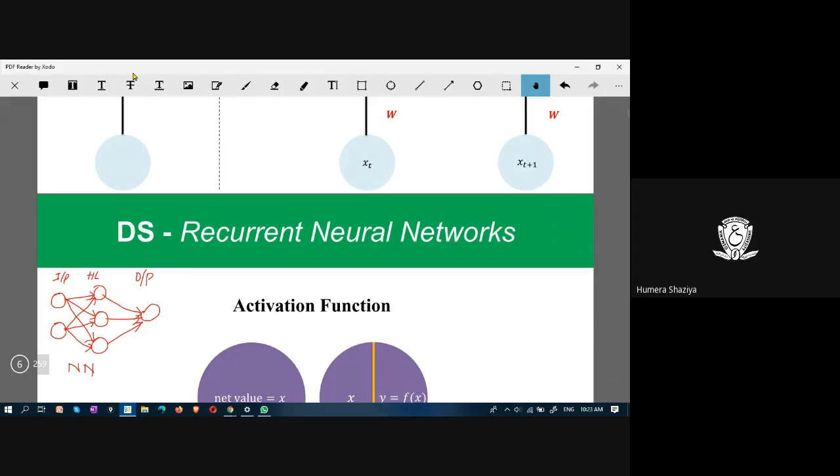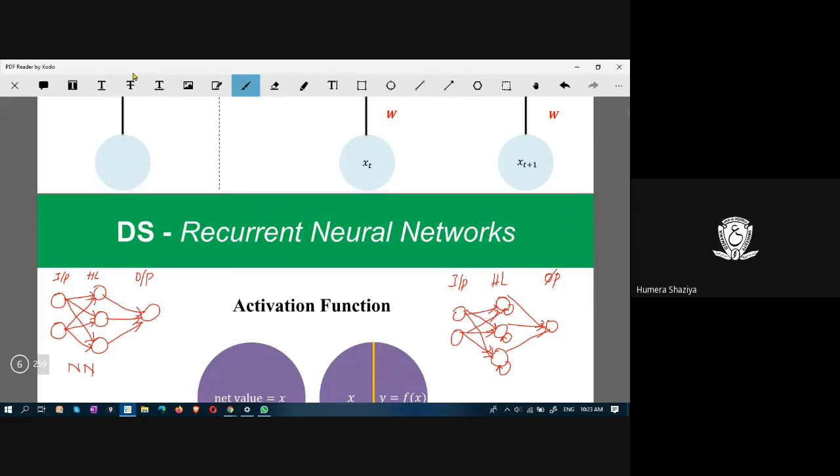How does a recurrent neural architecture look like? It has got input, all right. It has also got a hidden layer and output layer. The difference being here, the hidden layer is connected to itself. This can be generalized in the format which I will tell you now.